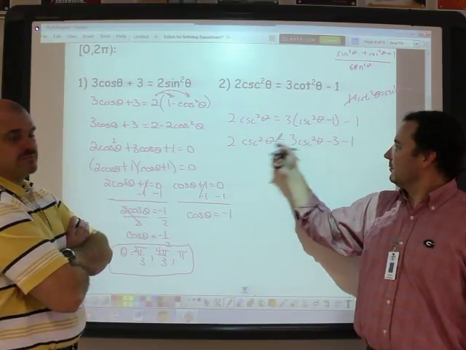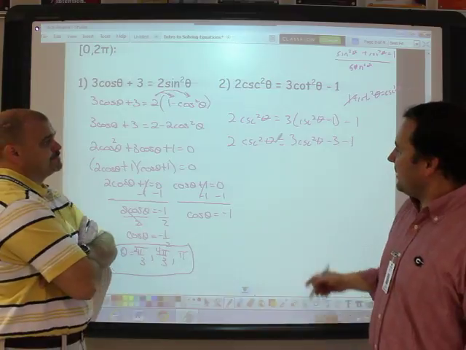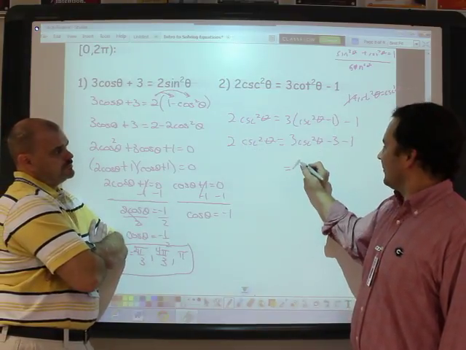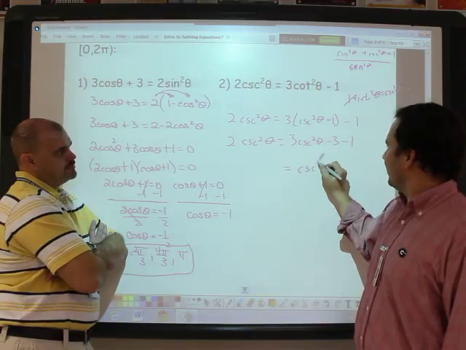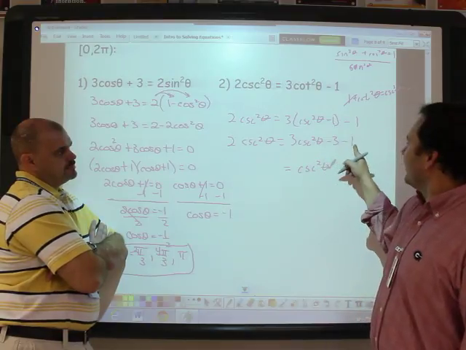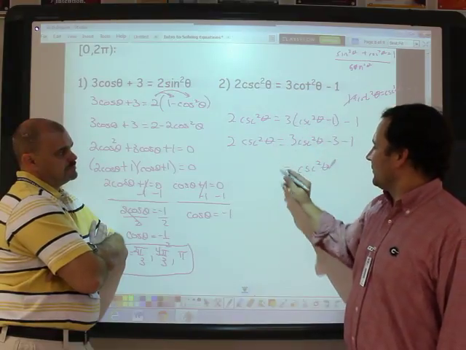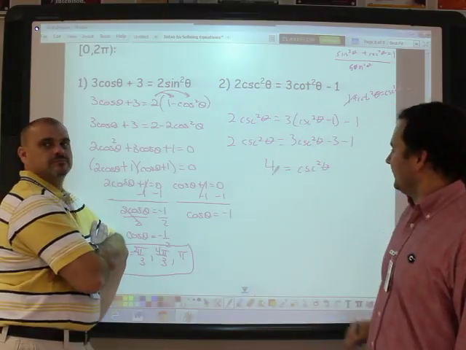They're both squared. To keep it positive, I'm going to subtract 2 cosecant squared from each side. That'll give me 1 cosecant squared. A negative 3 and a negative 1 will give me a negative 4. Bring it to the other side, it will be a positive 4.